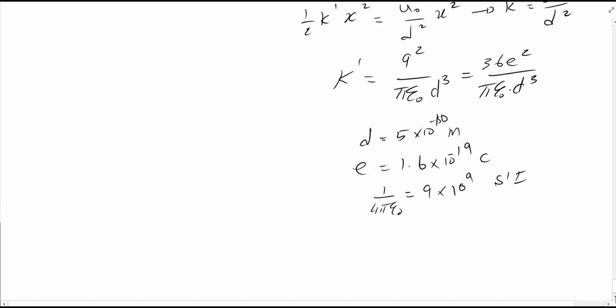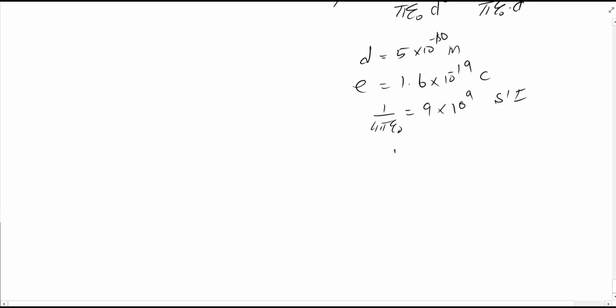Of course, I don't need 1 over 4 pi, I just need 1 over pi epsilon naught, which means I have to multiply that by 4. So it's 4 times 9 times 10 to the power 9 SI.